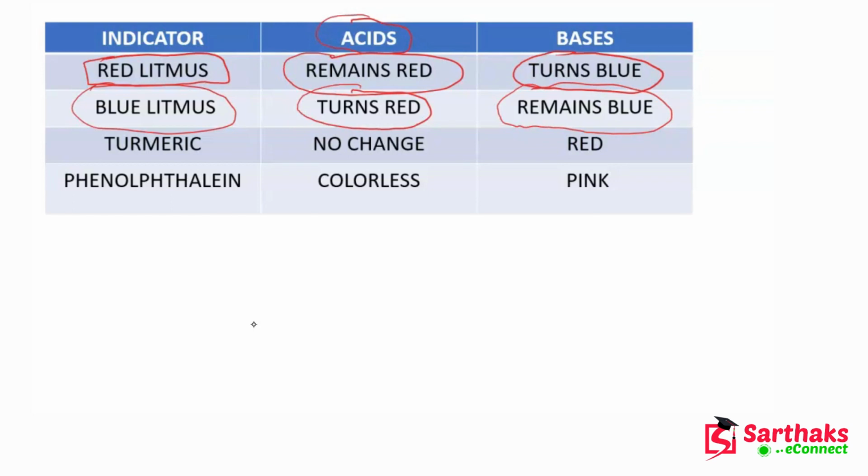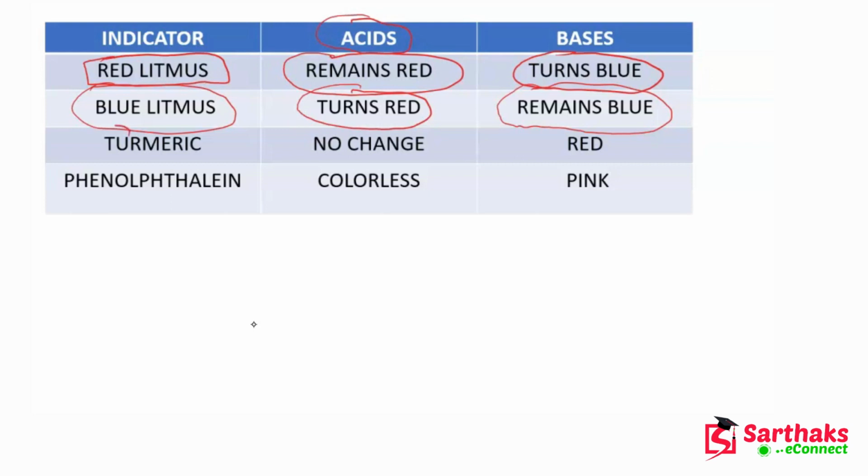We have already discussed litmus paper from the very first lecture, so we do not need to explain it again. But you have to remember that this is an indicator: red litmus turns blue in bases, and blue litmus turns red in acids.